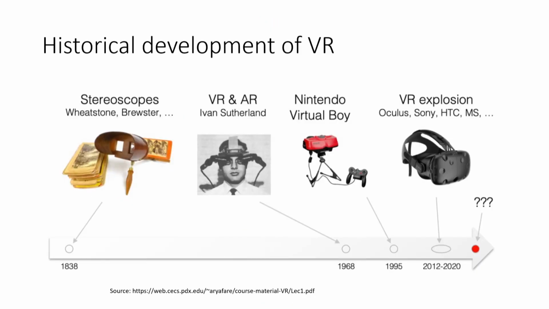Now, modern virtual reality can be said to have taken shape in the last 2 centuries. Maybe a good point to start is 1838, when we started understanding stereopsis. So, Brewster, Wheatstone, etc., were some examples of stereoscopes that were developed in the 1830s.